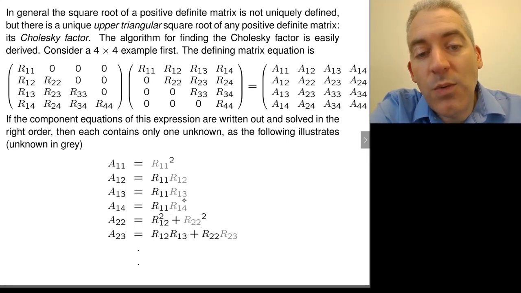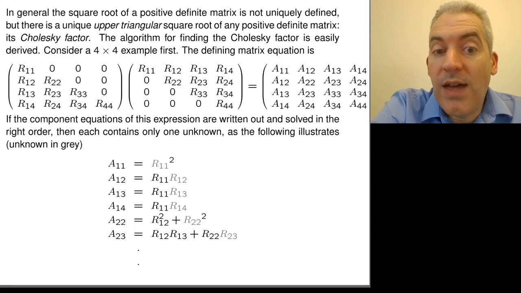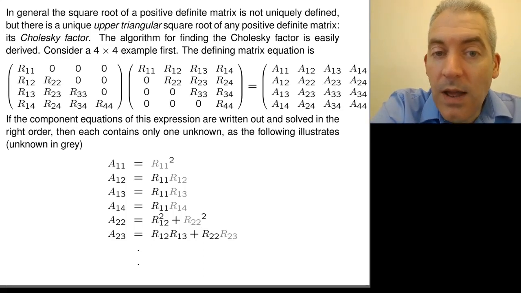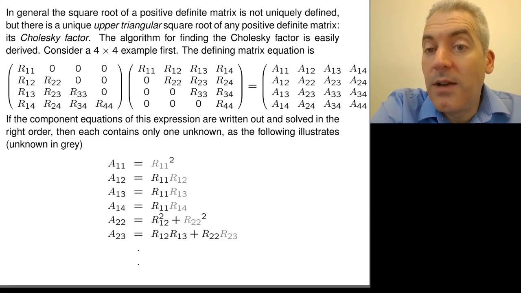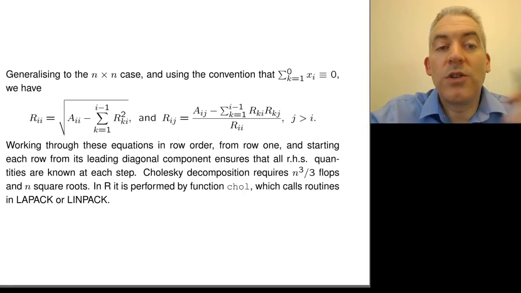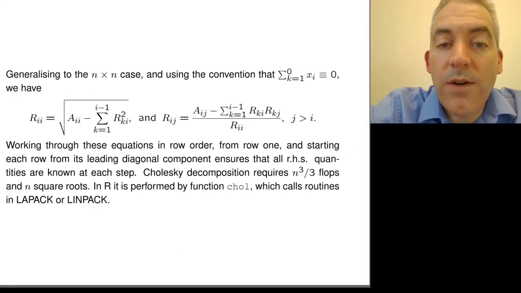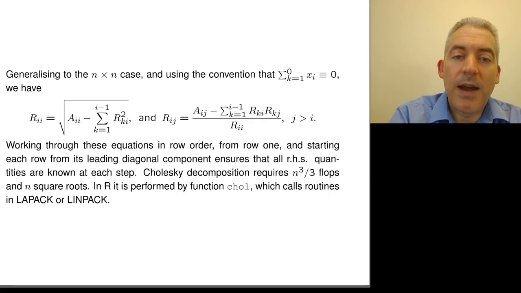And so we just get a sequence of equations involving one unknown that can be trivially rearranged to give us that one unknown, and that gives us all of our R values, which gives us our upper triangle, our Cholesky factor for our Cholesky decomposition. Okay, so if you just turn that into equations, we've got a very, very simple algorithm where we just work through the matrix one element at a time and compute the R values that we need.